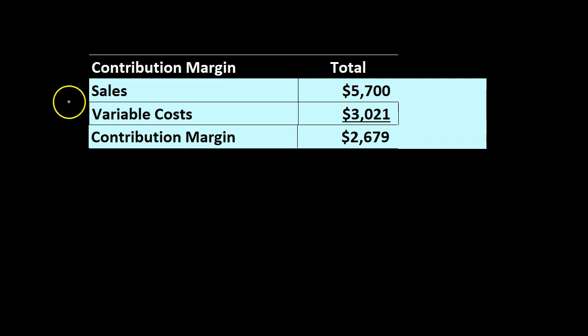Now note, when you work with the contribution margin in a spreadsheet program, you're often going to see it in this format because you want to calculate the contribution margin and then think about what the contribution margin per unit is going to be. Or we might see it the other way around: we've got the units and then we'll see the contribution margin.